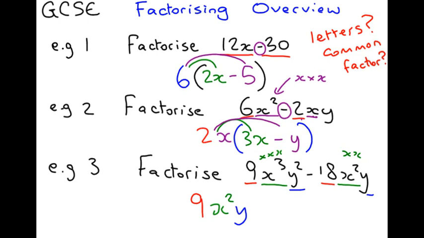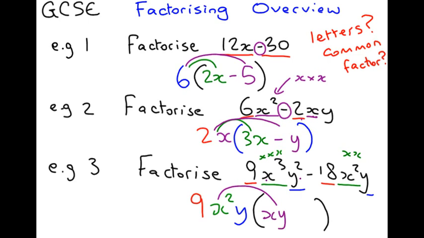Okay? Now we open up our brackets, and we think, what has to go in? What do we have to times 9x squared y by to get 9x cubed y? So a bit of a spot the difference. You need one more x to be multiplied, and you need one more y to be multiplied. So xy will go there.